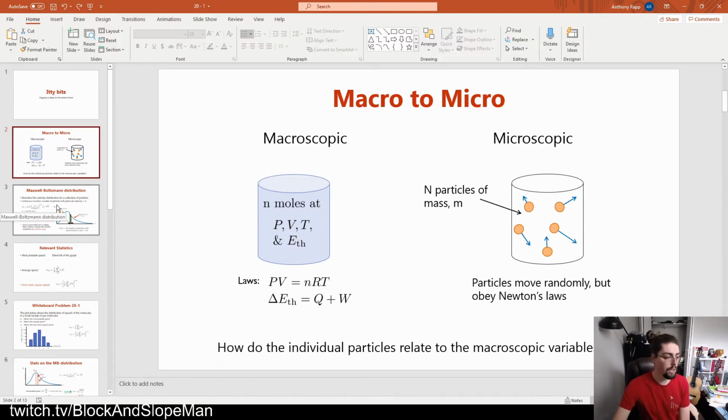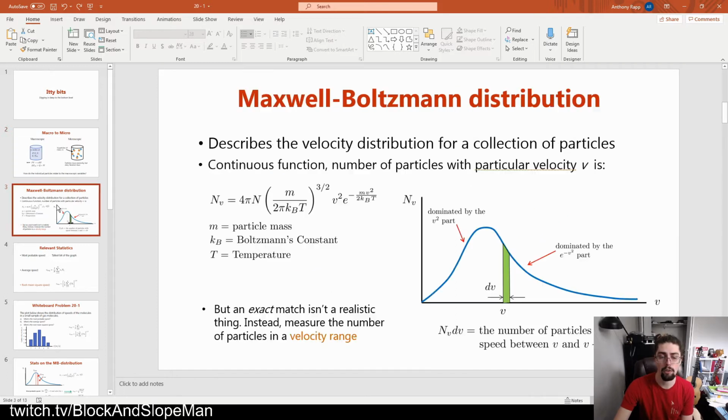So, how do we marry these two descriptions? Well, first, we've got to spend a little bit of time talking about what's going on with these microscopic particles anyways, right? So the first thing that I want to introduce here is what we call the Maxwell-Boltzmann distribution. See, when I keep talking about all of these particles that are bouncing around in every which way, the reality is that they're not all moving at the same speed, right?